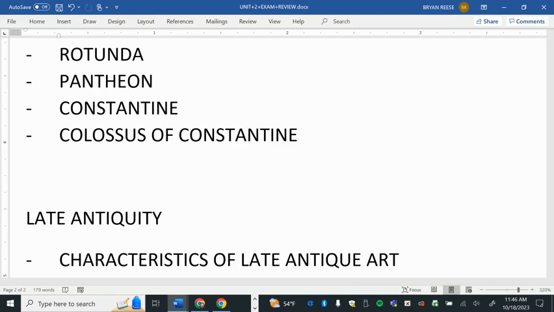The one realistic sculpture that we looked at, you remember Christ as the Good Shepherd, that was realistic? That was an anomaly in late antique art. All the other ones that we looked at were very iconic and stoic and cartoonish.